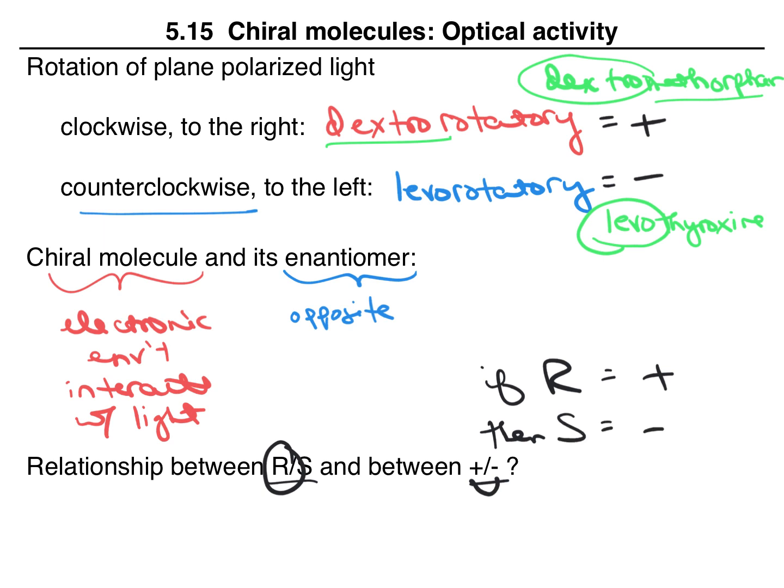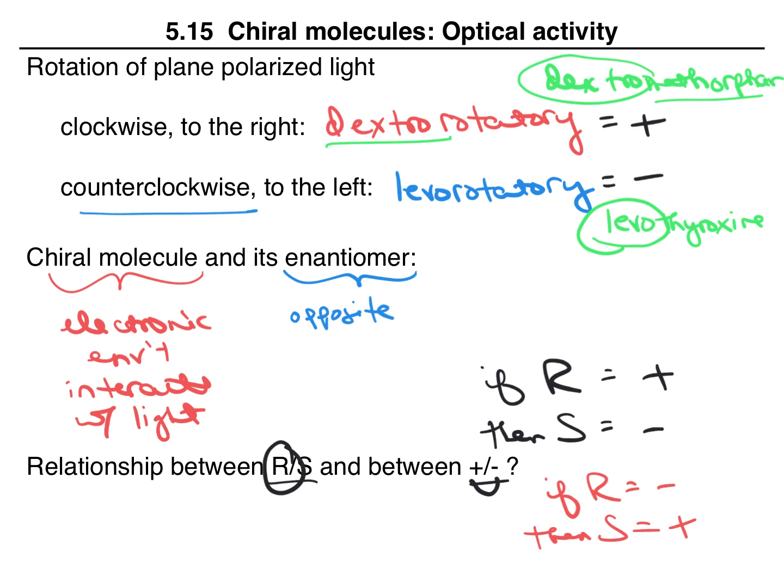But for other compounds, you might have R is minus, then S would be plus. So just knowing R or S won't tell you if it's going to be dextrorotatory or levorotatory. But once you figure out one of them, then you know what the other one would be.